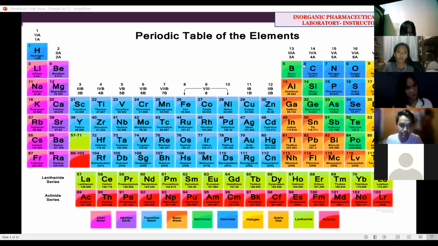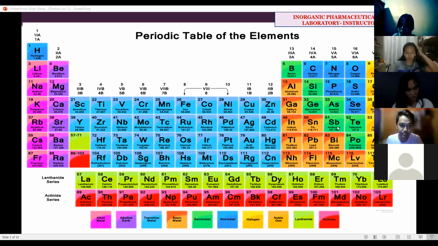Now, the green ones on the screen in the periodic table are called the metalloids, or semi-metals. Their characteristics are like the metals, but like the non-metals also, so we cannot really group them into either of the two. So we group them as one and call them semi-metals or metalloids.